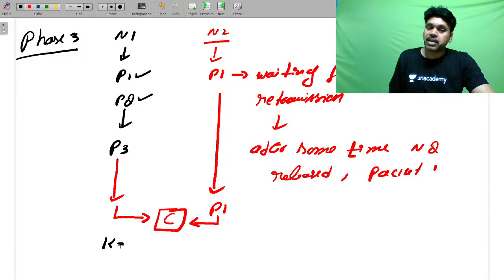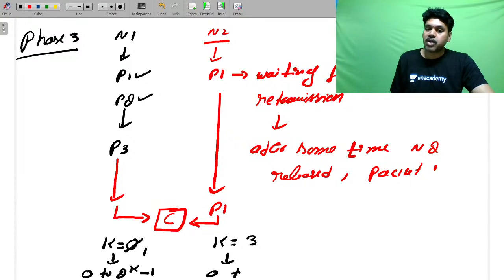Your packet 3 is a new packet, which collides for the first time. But your packet 1 has already collided 2 times. Now your collision number is 3. Again, you get the slot numbers: 0 to 2 power k minus 1, the same concept.